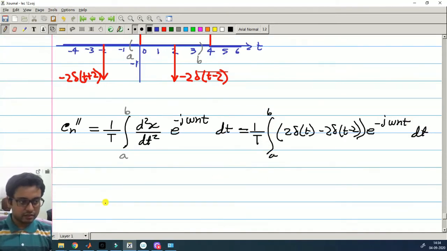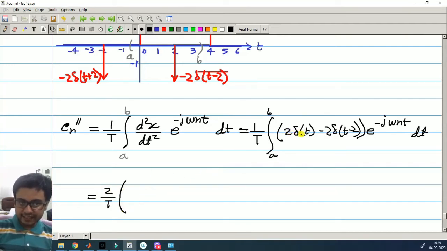and this will be equal to 1 over T. You can take these two common outside, and then the result of integrating delta(t) multiplied with this exponential will be same as e to the power minus j omega n 0 in place of t, because this delta function occurs at t equal to 0.